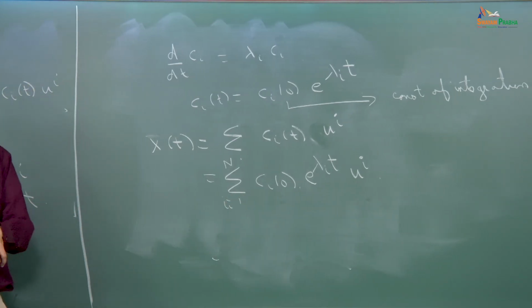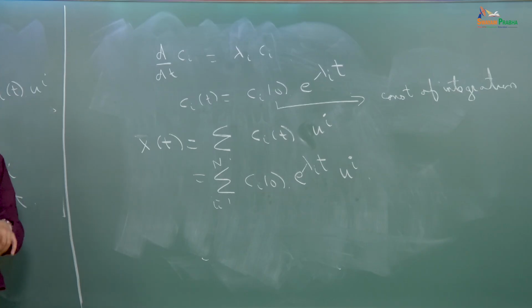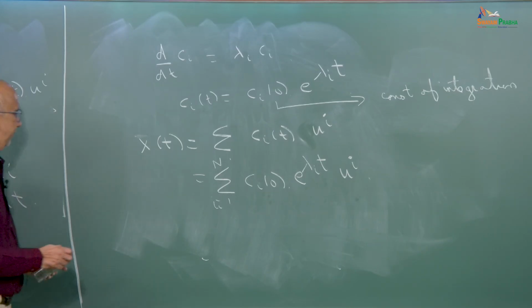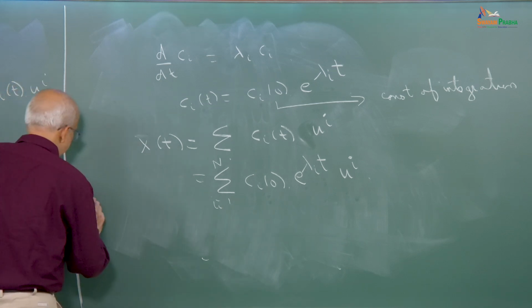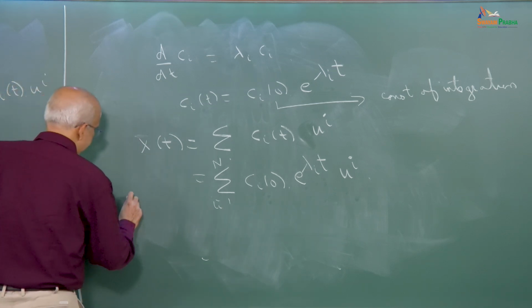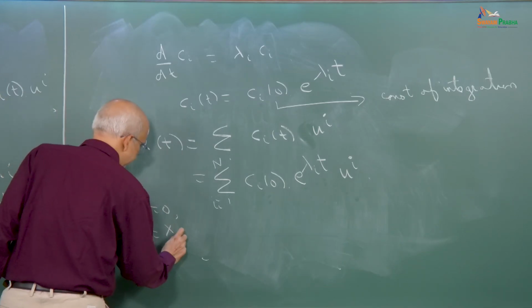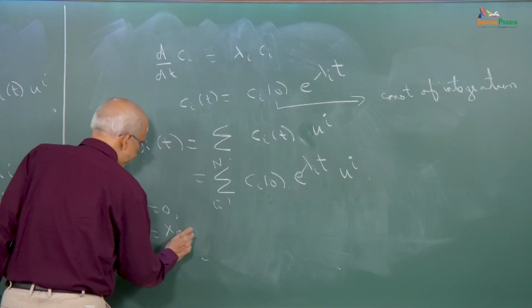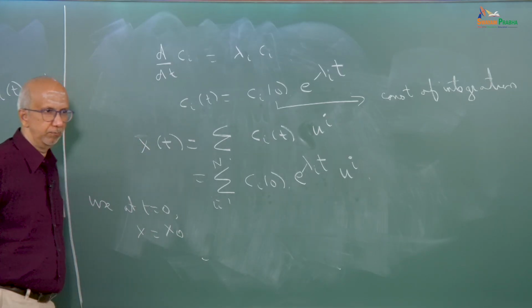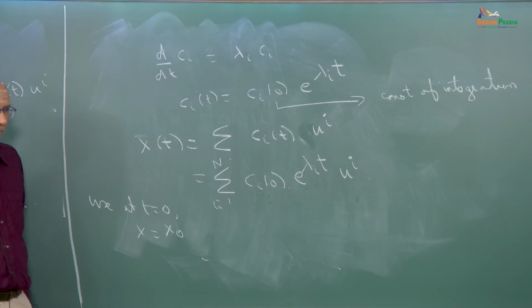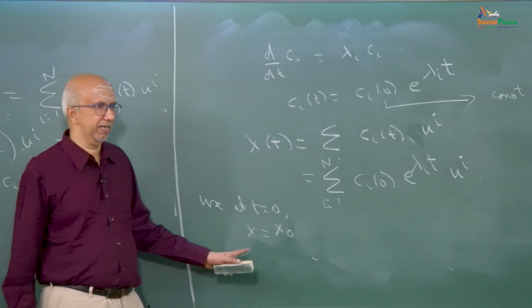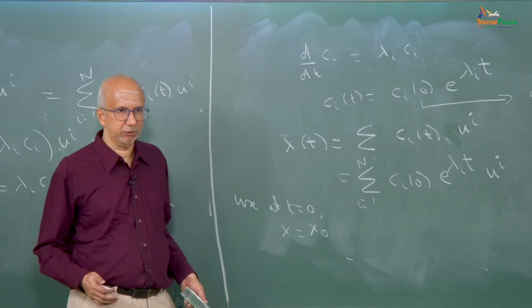I have to use the initial condition. I need to use the initial condition at time t equal to 0. Use at t equal to 0, x is equal to x naught. This is my initial condition which is given to me, otherwise I can't solve the problem.